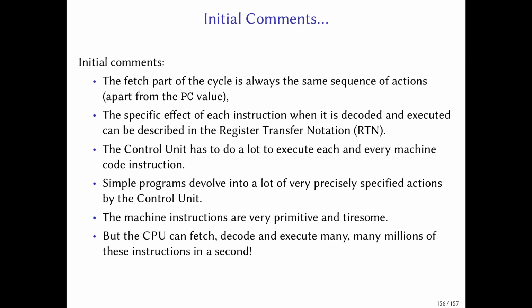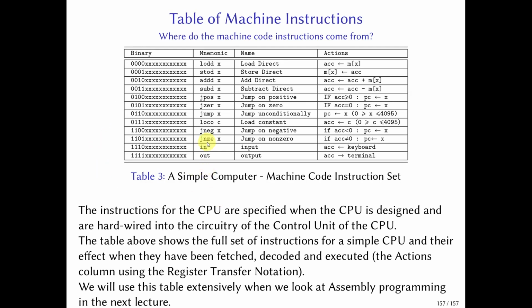And as we saw, the individual machine code instructions are very, very primitive, but that doesn't really matter, because if you can execute 200 or 300 million of them in a second, you can do a lot with those primitive instructions.